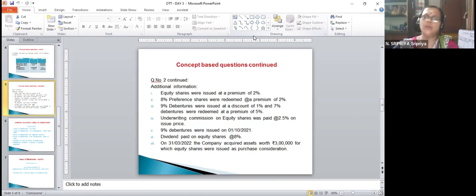The remaining 2 lakh are issued to the public at large, for which you calculate premium at 2%, which is added: 2 lakh plus 2% of 2 lakh, that is 4,000 rupees. Then you subtract 2.5% of 2 lakh for underwriting commission. So there are 3 adjustments as far as equity shares are concerned. Am I clear, teachers?